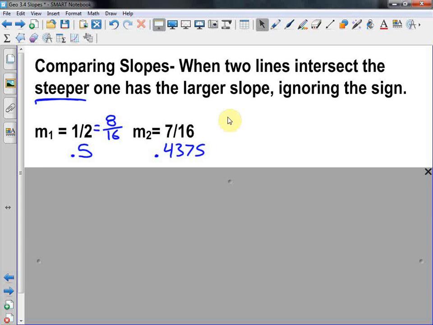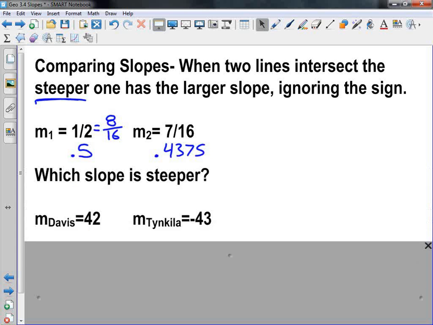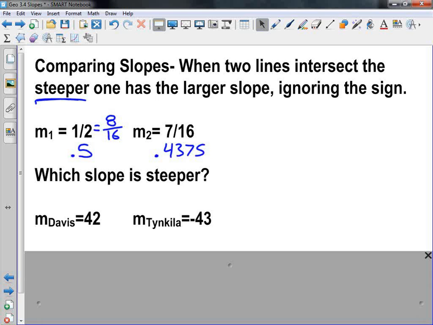All right. How about those two, right? I gave these ones names as well, didn't I? There's M Davis and M Tinkla, right? So those are just names. So there's Slope Davis. That's the way I go home. I have to go up 42 on my hill. Tinkla goes downhill, negative 43, right?